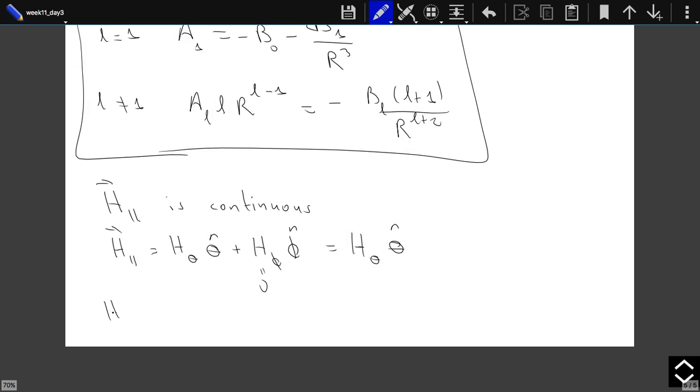Well, H theta, remember, is 1 over mu B theta, which is equal to minus 1 over mu, 1 over r, del by del theta of phi_m.